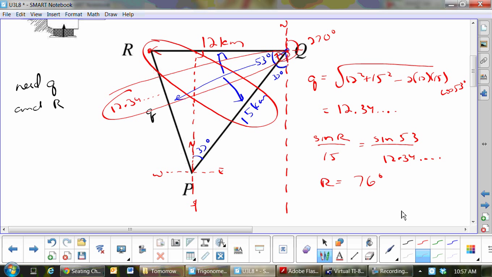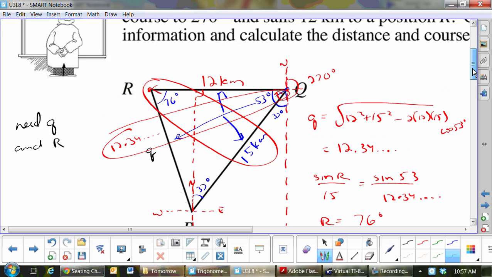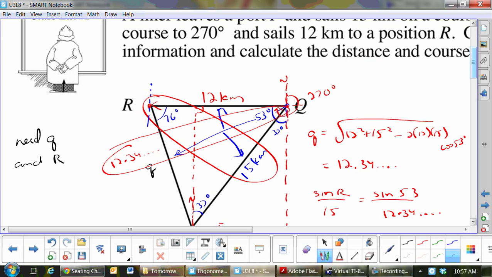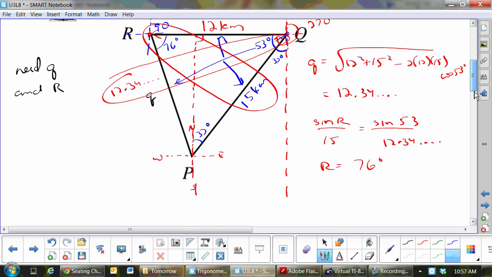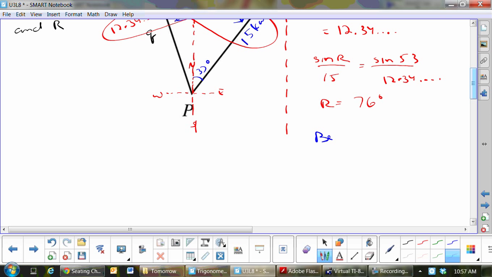Because remember, we just found this is 76. Is that the bearing? Does bearing come from the east? It comes from the north, right? So you're going to have to add 90 to it to get the true bearing. So at a bearing of 90 plus 76 is 166 degrees.